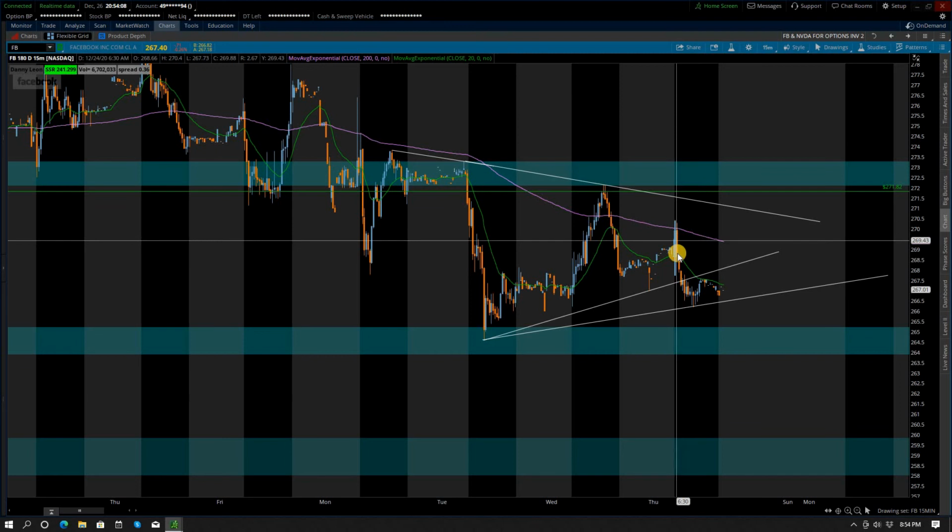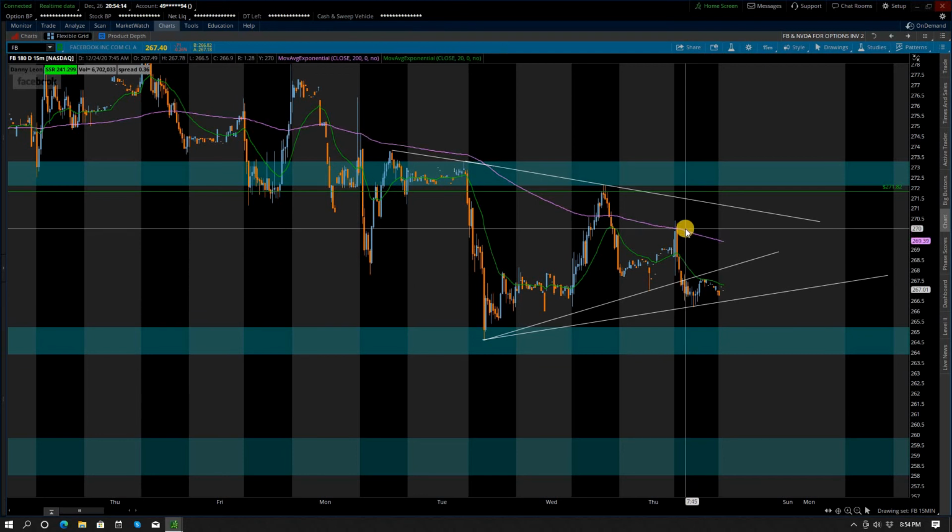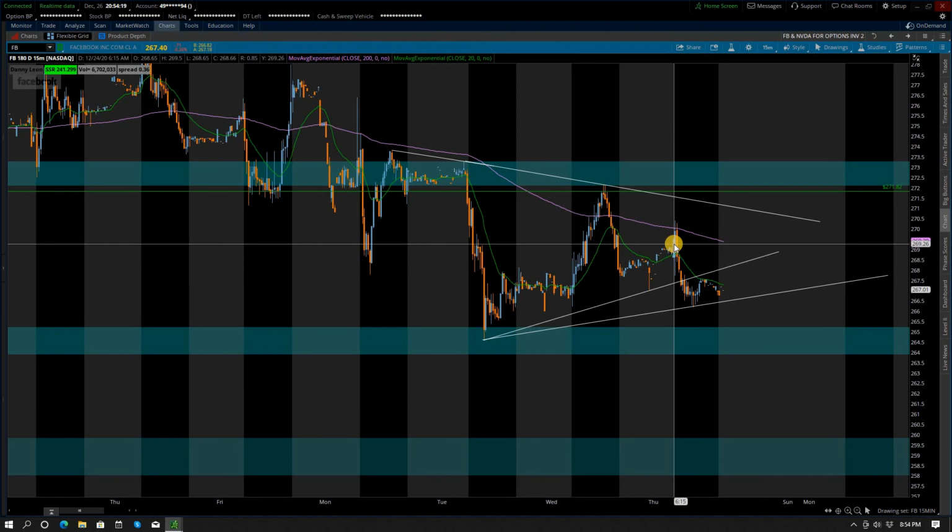And that's what I saw, because I knew that price actually came down before it went up, 267.70 to 270. So that's like 3, 4 points, and I knew it was gonna be a short day, so not a lot of volume. So I knew it was gonna have a hard time getting to that level.